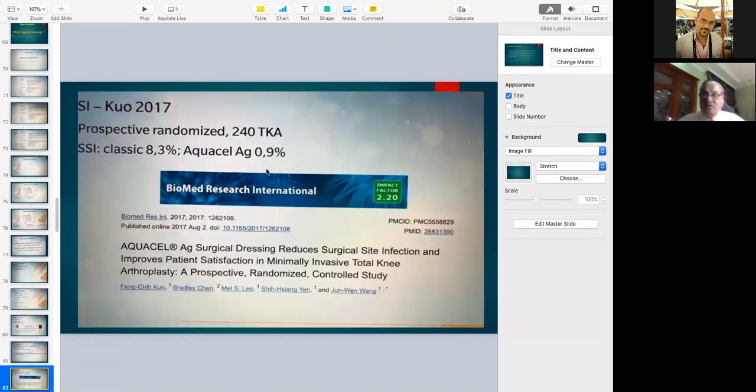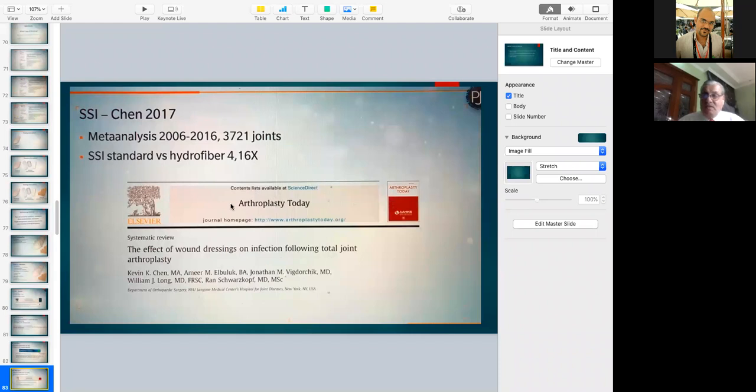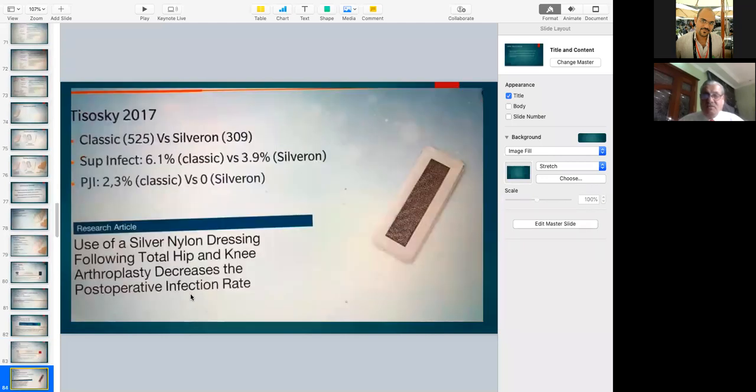For Kio 2007, reducing the rate of infection from 8.5 to about 1. For Shin 2017, also reducing the rate of infection. Tiosco 2017, reducing superficial infection from 6 to about 4, and PJI from 2.5 to 0.